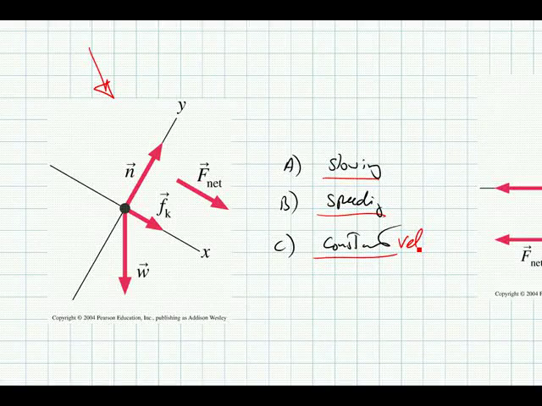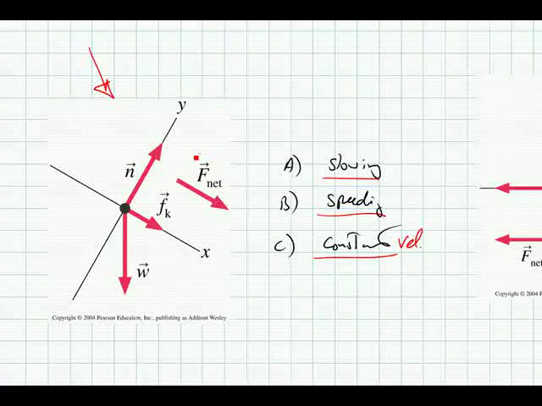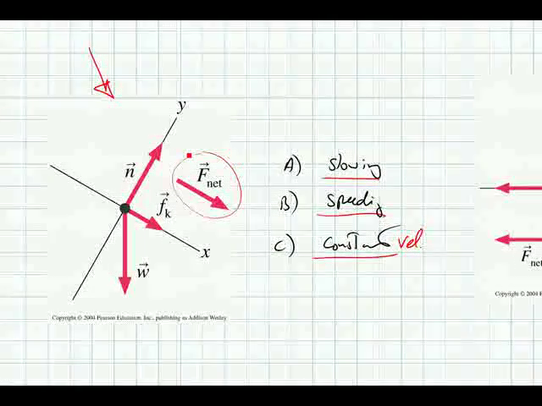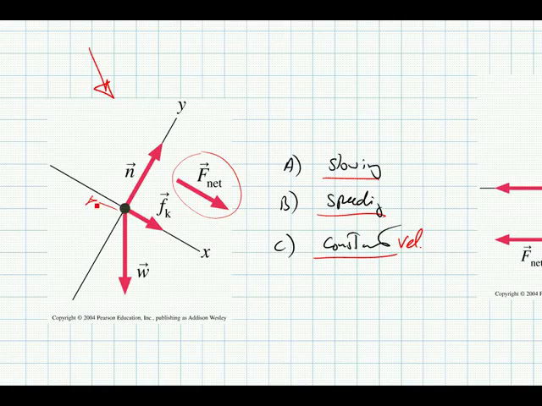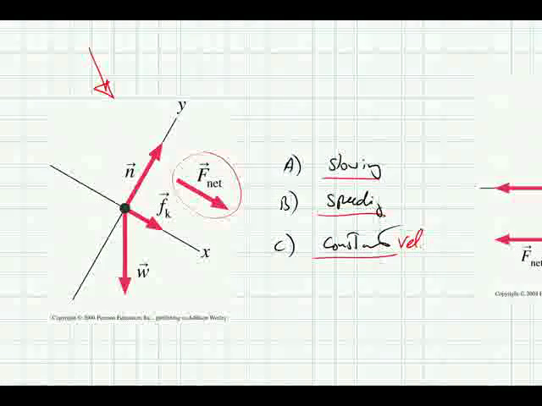We have weight, normal force, friction, and by the way, net force, always put it to the side of the free body diagram. Don't show net force starting from the origin, because it's not a real force acting on the object, it's just the sum of all the forces that you have.